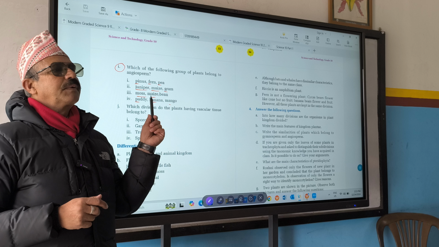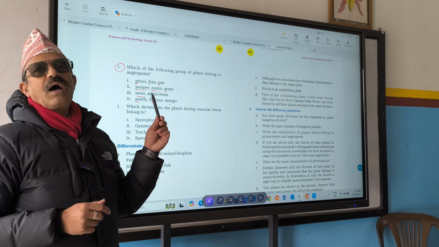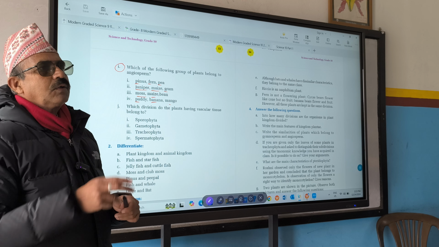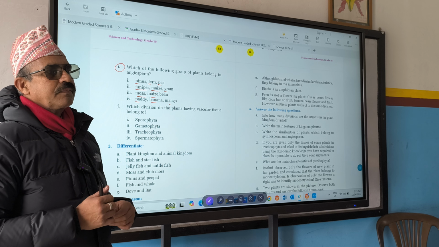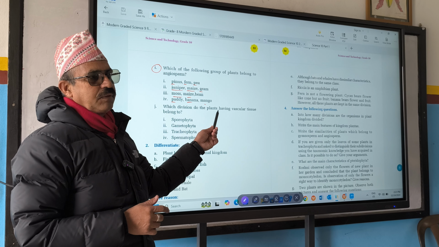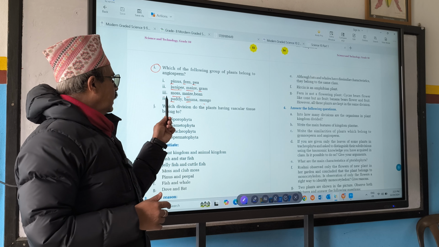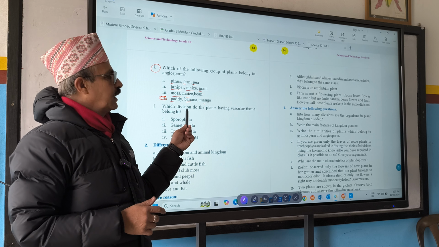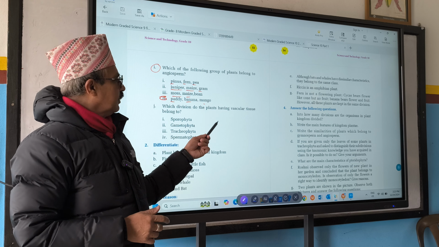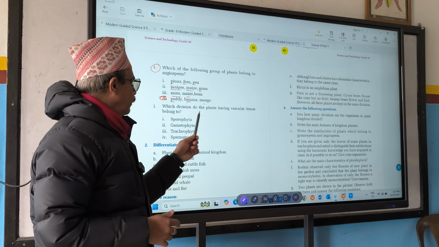Which one is correct? Paddy, banana, mango. Yes, this is right. Paddy, well-developed flower. Banana, well-developed flower. Mango, well-developed flower.